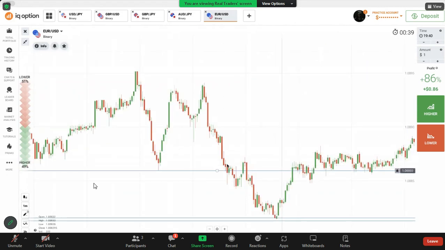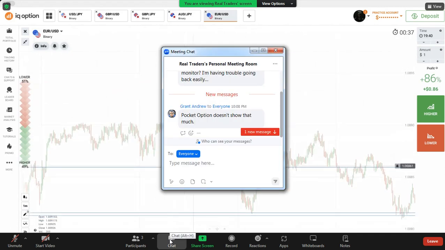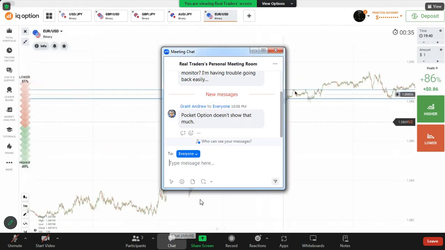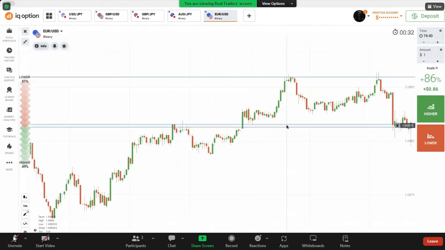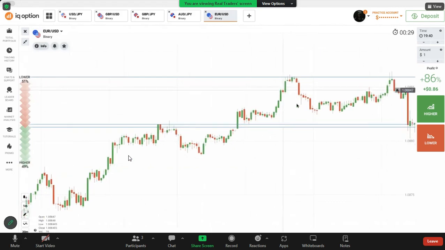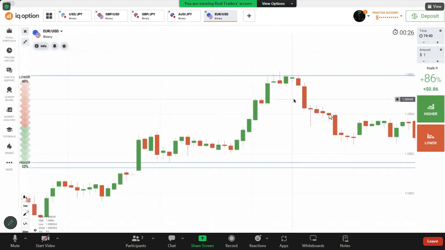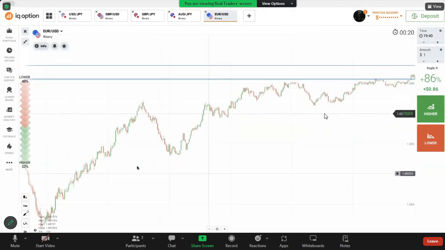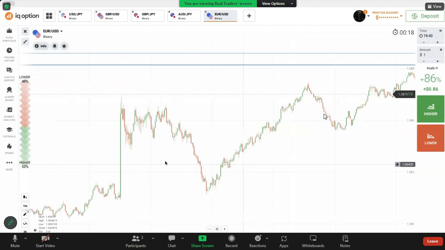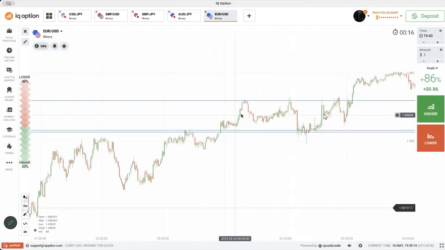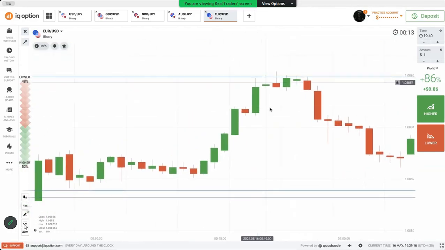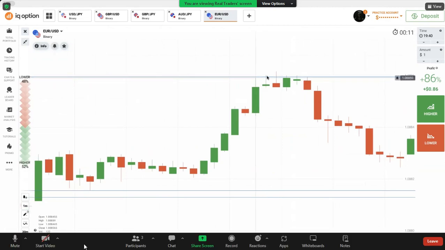Also, it almost seems like they make it so you can't see very well. Oh, yeah, that is the problem of the broker. In this platform, you can see there's no problem in going back. Yeah, that looks better than Pocket Option in that regard.